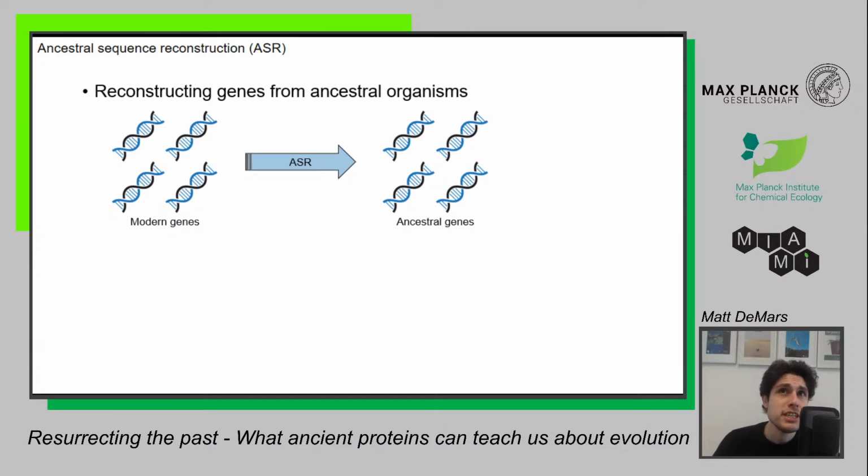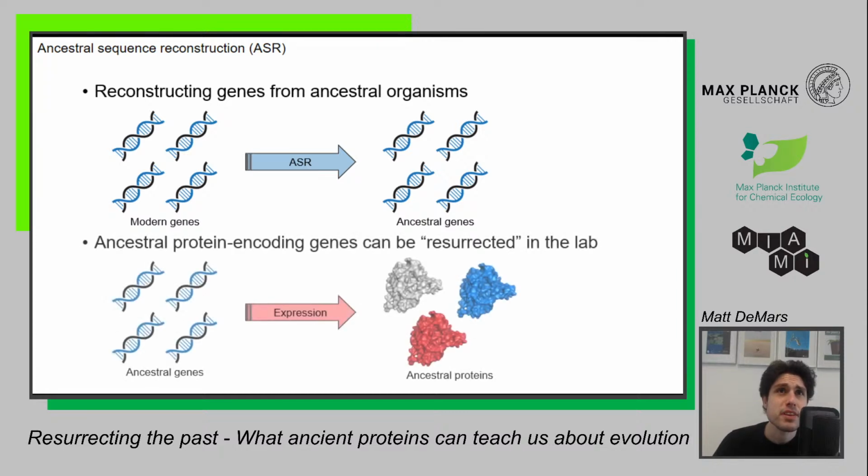You have modern genes, you perform this ancestral sequence reconstruction, ASR as I'll abbreviate it, and you get ancestral genes through this process. In turn, these ancestral genes can be resurrected in the lab, basically by putting them in a suitable heterologous host, like E. coli, and then expressing the corresponding proteins and studying their properties.